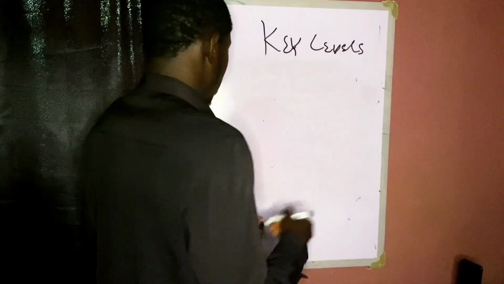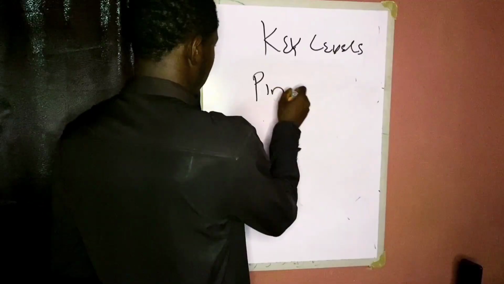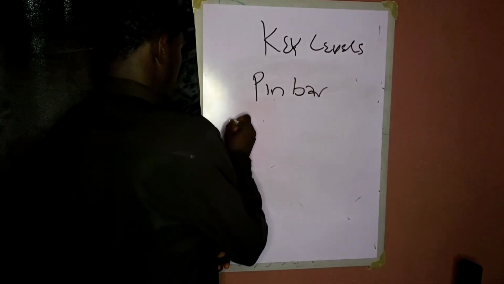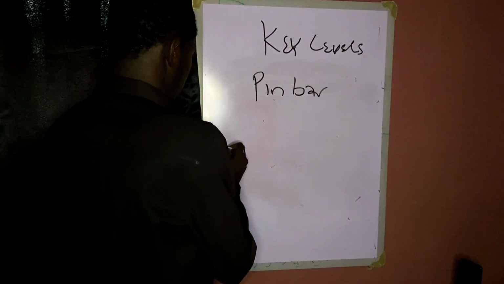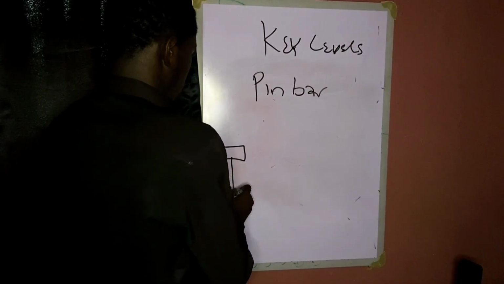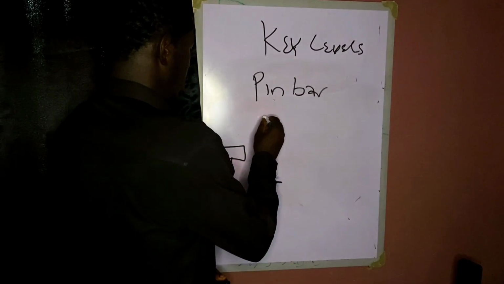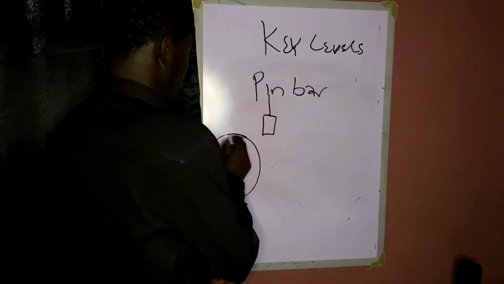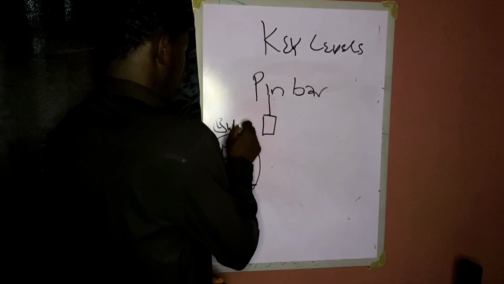And the last candlestick I trade is the pin bar, right? Pin bar. We have bullish and bearish. So for the bullish, it shows like this, right? And for the bearish, it shows like this. So this is called the bullish pin bar, right?